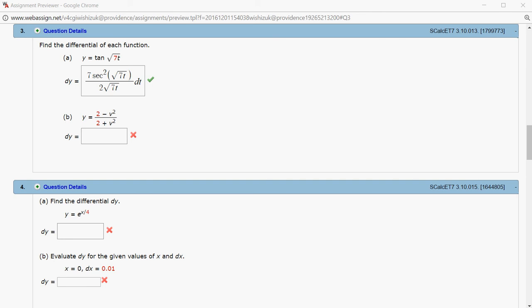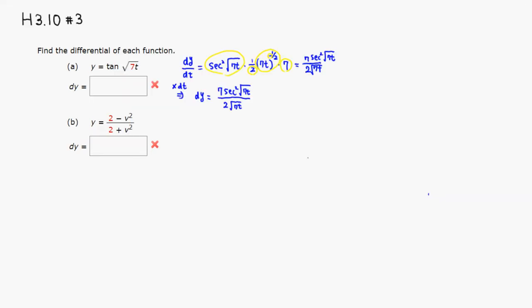Alright, so let's do part B. The same way. In this case, it's written in v, so we're going to take the derivative of y with respect to v. Derivative of that using the quotient rule, and square the denominator, so 2 plus v squared.